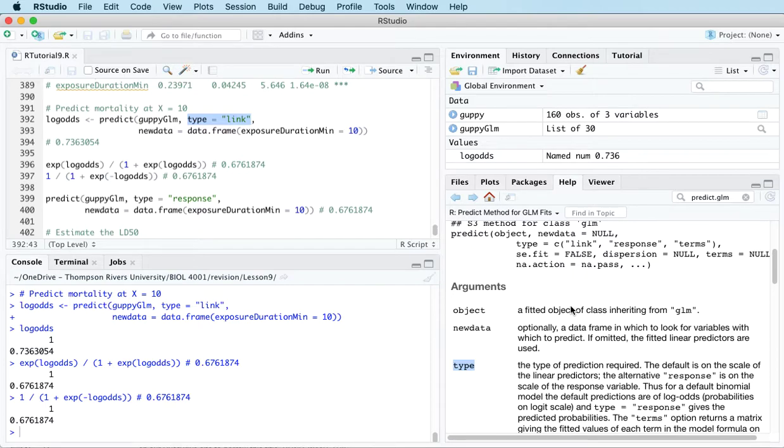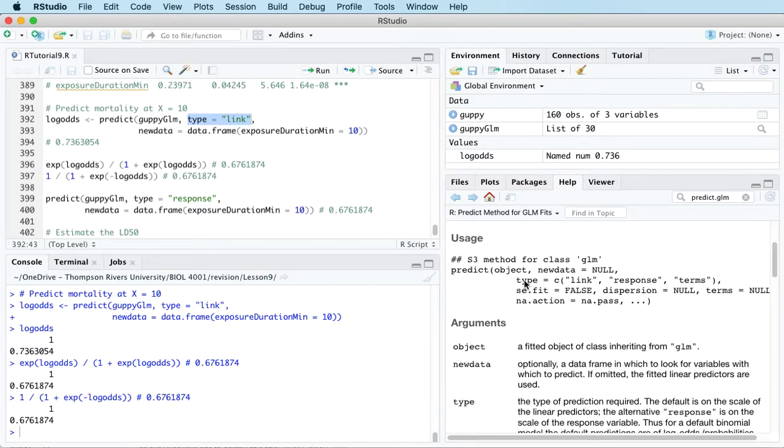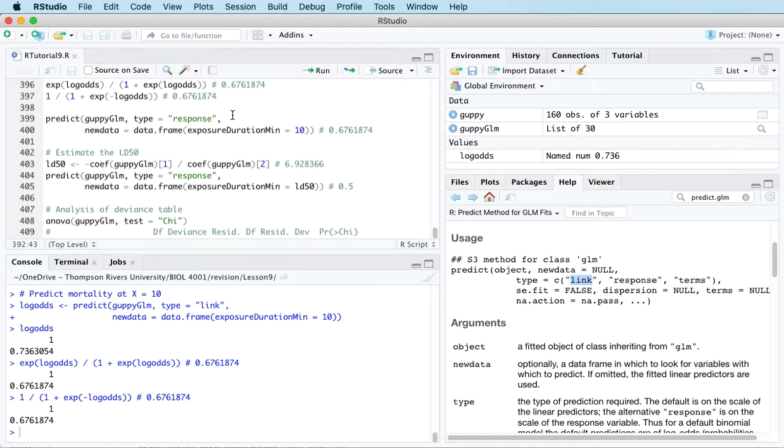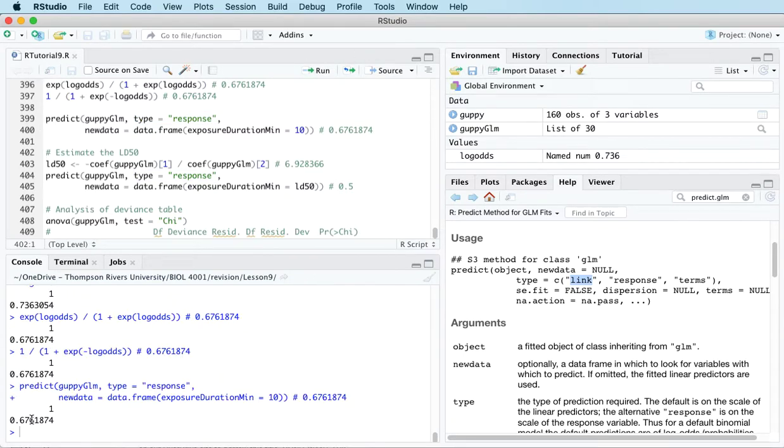You have to remember to do this because the default setting for type is link. So if you forget to set type manually, you'll end up with a predicted log odds rather than a predicted probability. But if you set type equal to response, you'll get a predicted probability directly. Just to show you that, we're getting the same number that we got before.